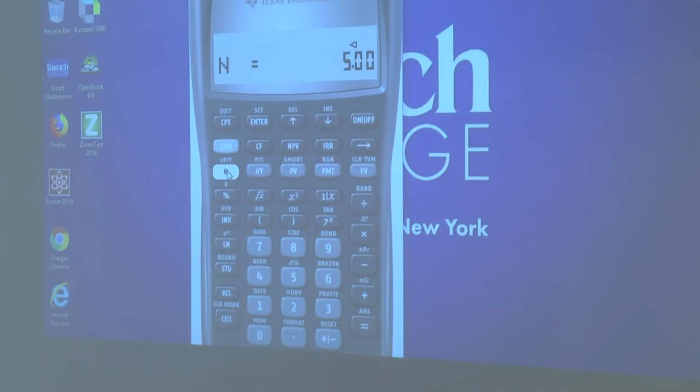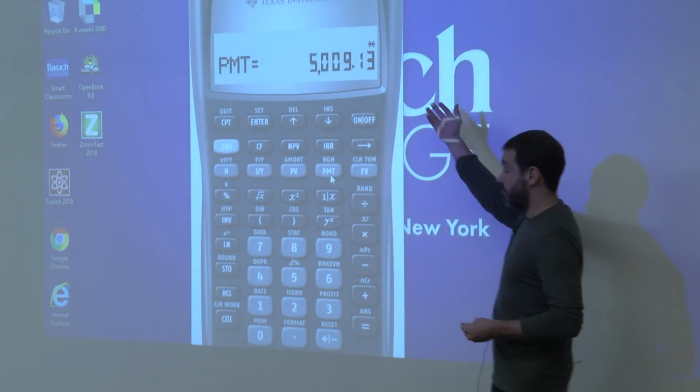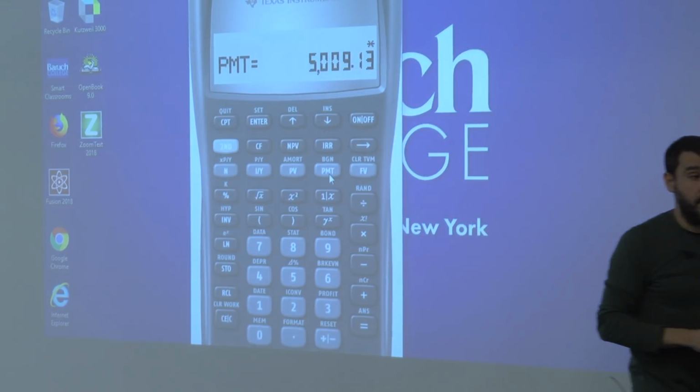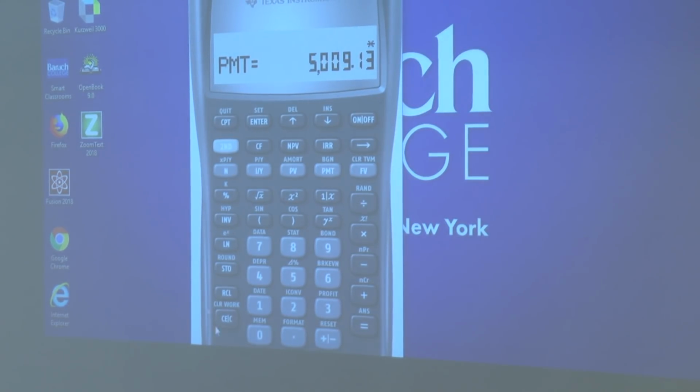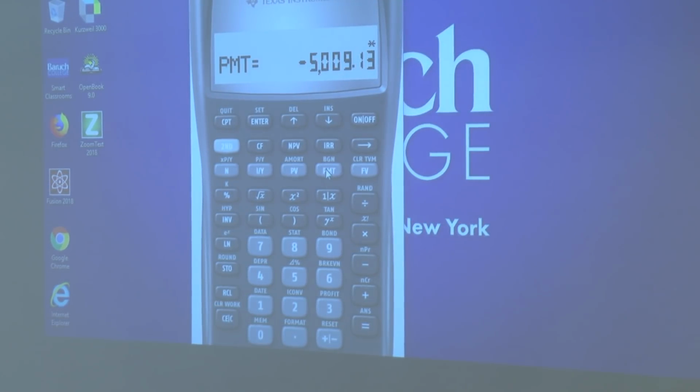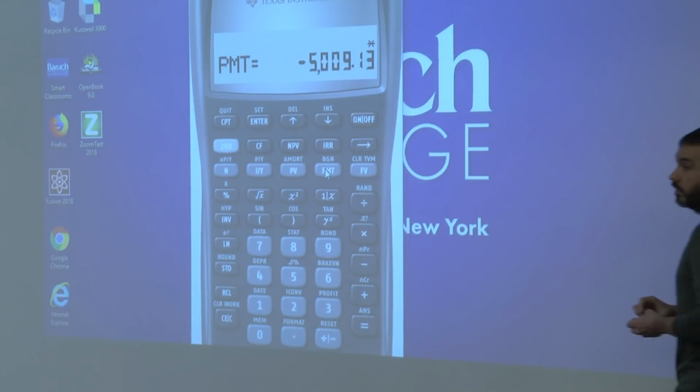The calculator doesn't care at all, though. It's just a way I try to be consistent, not to get confused. 0 is the future value, compute, and you get it positive because we are withdrawing. But of course, you can also put present value positive, and you will get the payment negative. Okay?